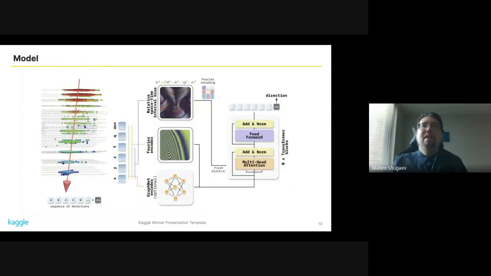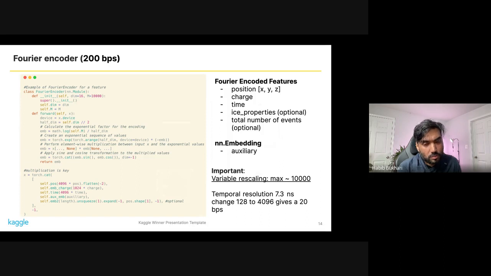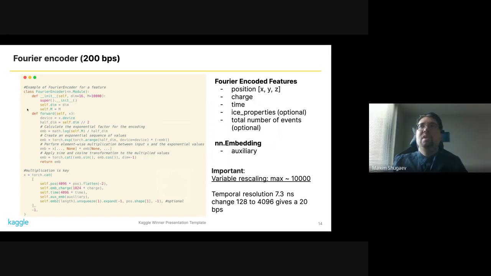And next, I will go through specific parts of the model one by one. I will start with the Fourier encoder, which gives the largest boost of performance. It is very important to convert the continuous input variables into a format suitable for the transformer before processing them.